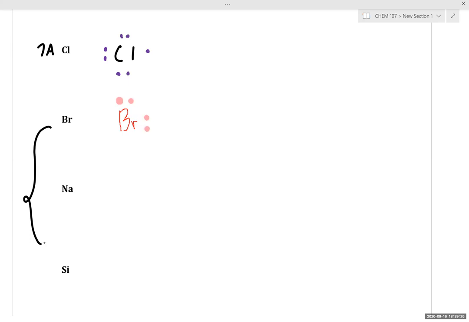Someone is able to share their responses with the annotate feature. This is wonderful. And that depiction of bromine looks great. And if anyone would like to share using the annotate feature the Lewis dot depiction of some of these other 2 atoms, that would be awesome. Otherwise, we'll discuss in about another minute.